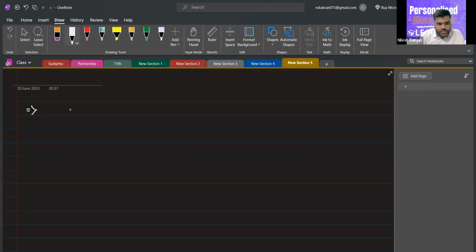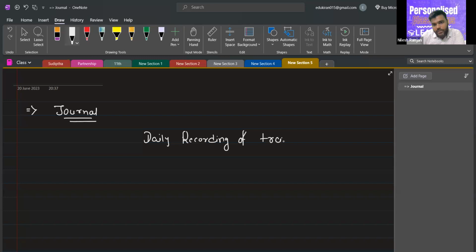So first of all, what does journal mean? Journal means daily recording of transactions.